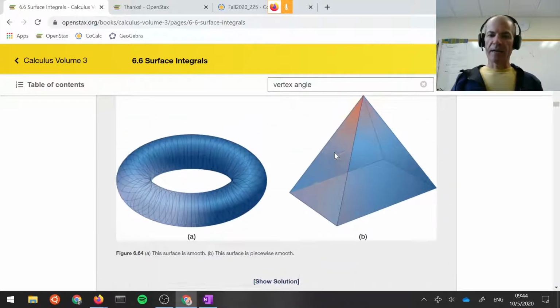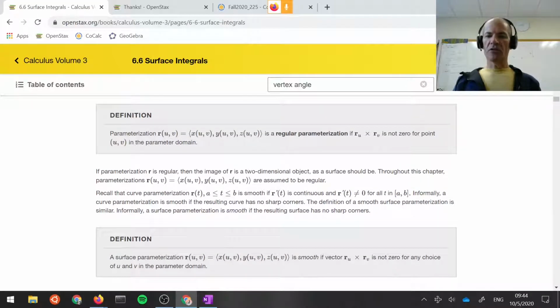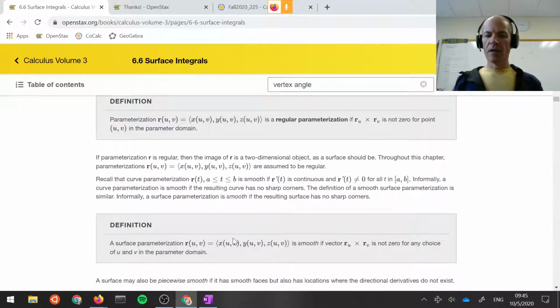Let me go back now to some notation here. A parameterization is regular if the cross product is non-zero in the entire domain. Also called smooth. These are different words for the same idea. It's not super important.